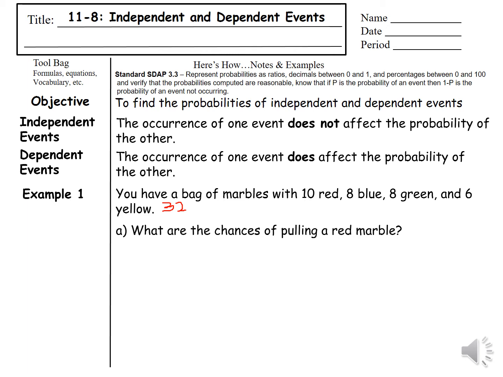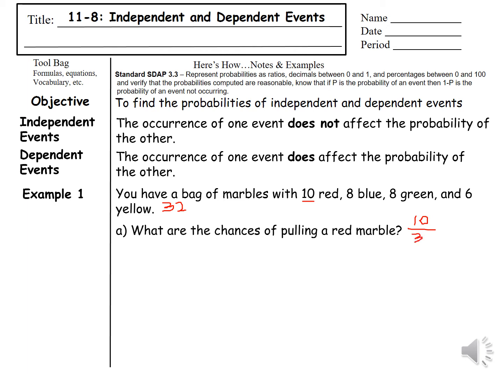Do you remember what we learned in our class about finding the probabilities? The probability of getting a red marble is how many red marbles divided by how many total outcomes. It says 10 red marbles, so 10 divided by the total outcomes we already counted: 10 plus 8 plus 8 plus 6 is 32.